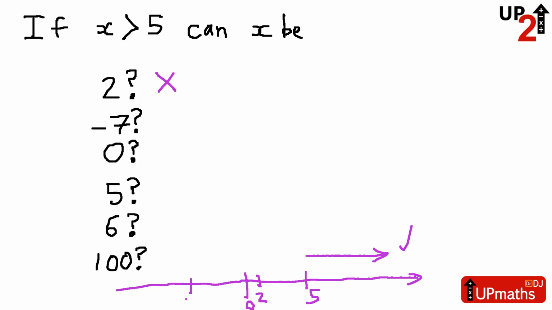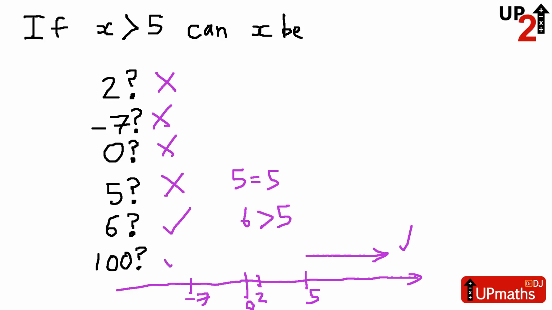Minus 7 is less than 5, so that's not more than 5 either. 0, again, no. 5, almost, it's equal to 5, but it's not more than 5. Okay, finally, we've got to a number that's big enough. 6 is definitely more than 5, and 100 is definitely more than 5.